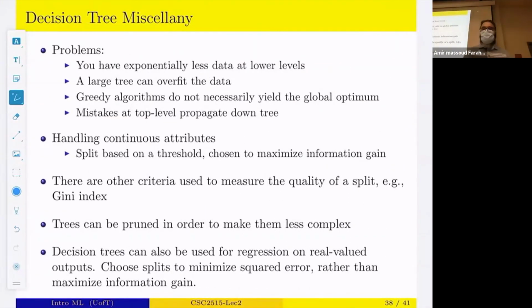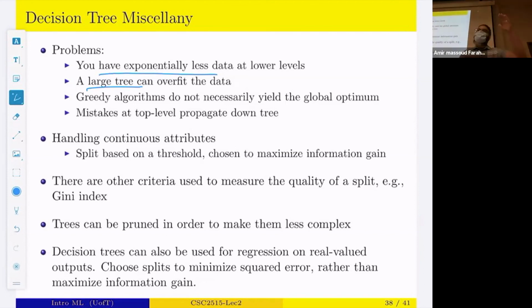A few other things that I want to talk about. I think I mentioned some of them: a large tree can overfit the data. The other issue is that you have fewer and fewer data points at the lower levels of the tree, because at each split you're basically halving your data, not exactly halving always, but the number of data points is divided by something.